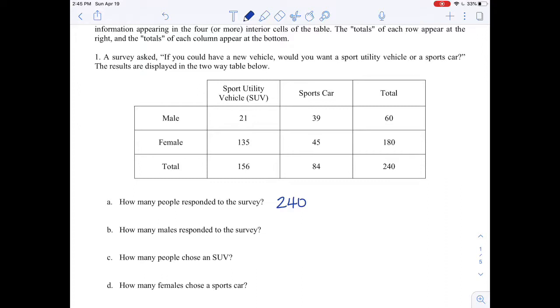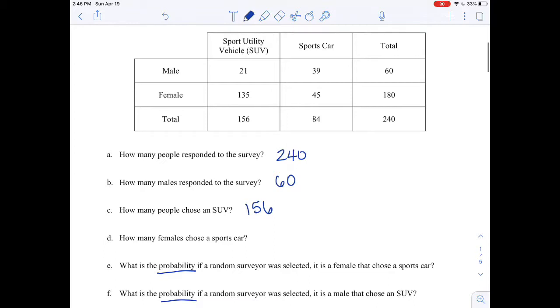How many males responded to the survey? We'll go to the male column and go all the way to the right to its total. 60 male people responded to this particular survey. How many people chose an SUV? SUV, go to the bottom total along that column, and you can see 156 people said that they drove an SUV. How many females chose a sports car?